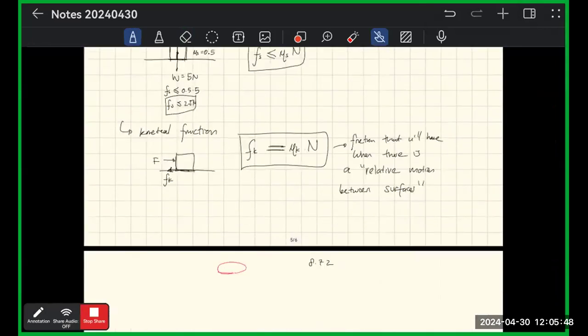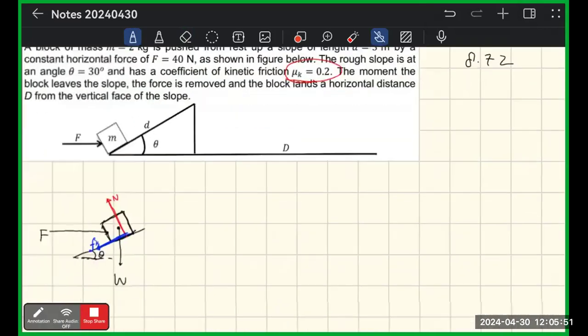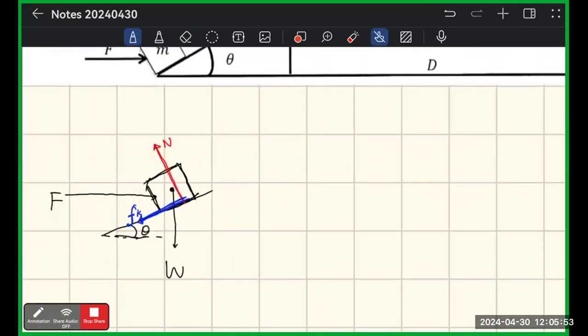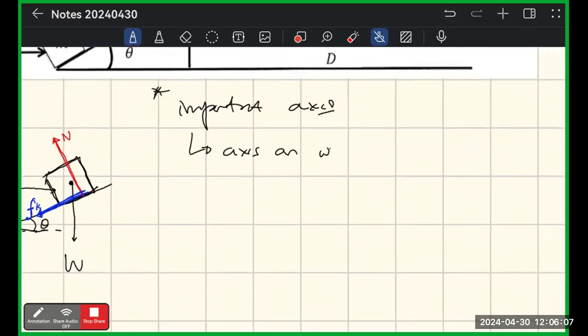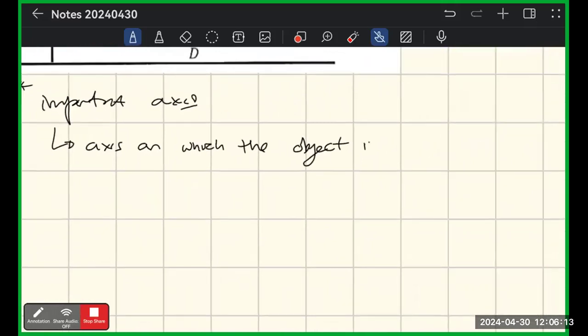The important axis is the axis that the object is moving on, the axis on which the object is moving.